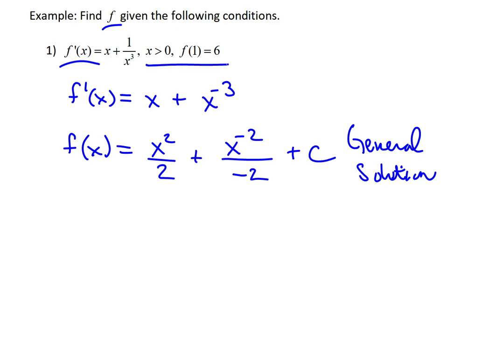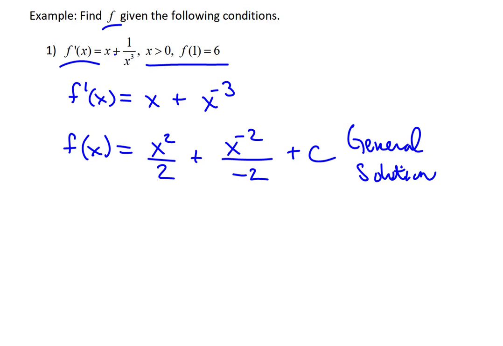But given other information that we have in this problem, we can actually go further. So notice that it says, first of all, x is greater than 0. Now that simply means we're stuck on the right side of the y-axis, or you could say we're only dealing where positive x values occur. Of course, given the way this function is defined, f prime of x here, it's not defined at 0 because we'd be dividing by 0 there, right?